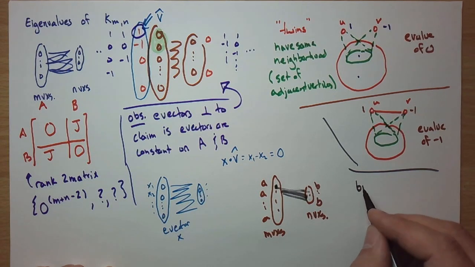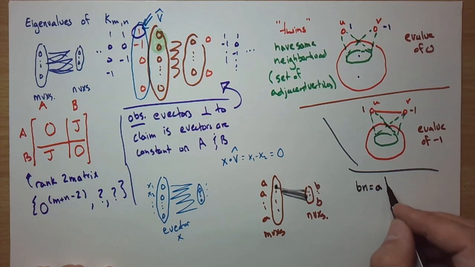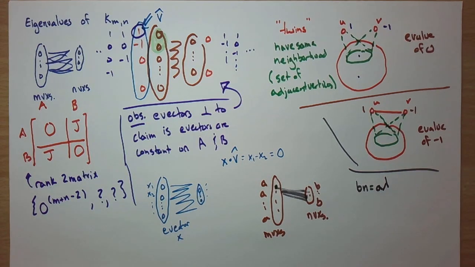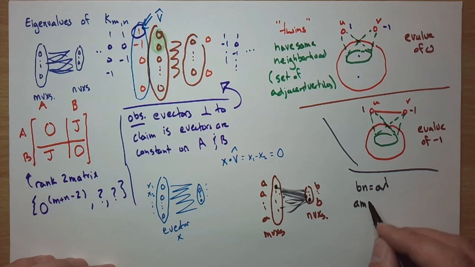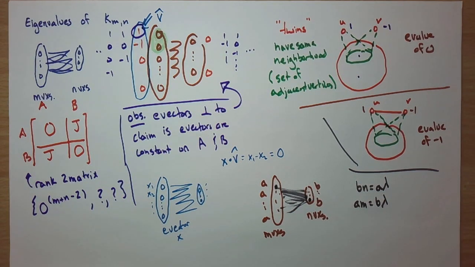So b times n has to equal a times lambda, because it's an eigenvector, it has to be a multiple of what I started with. All right, flip to the other side. Pick a vertex on the right-hand side. Add its neighbors. What do you get? A times m has to equal b times lambda.